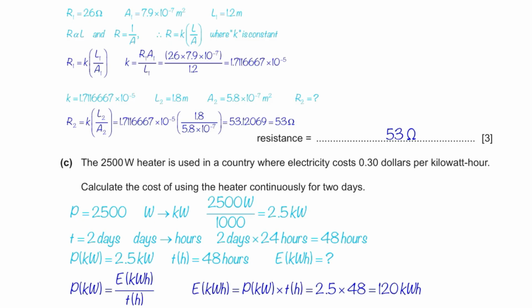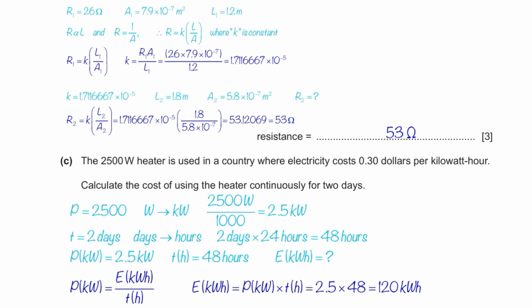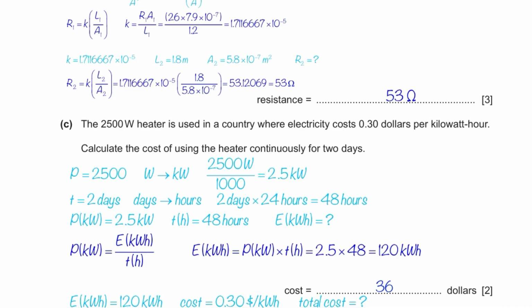We substitute in the values. 2.5 kilowatts multiplied by 48 hours equals 120 kilowatt hours. So the total energy used by the heater over 2 days is 120 kilowatt hours. Step 4. Calculate the cost.